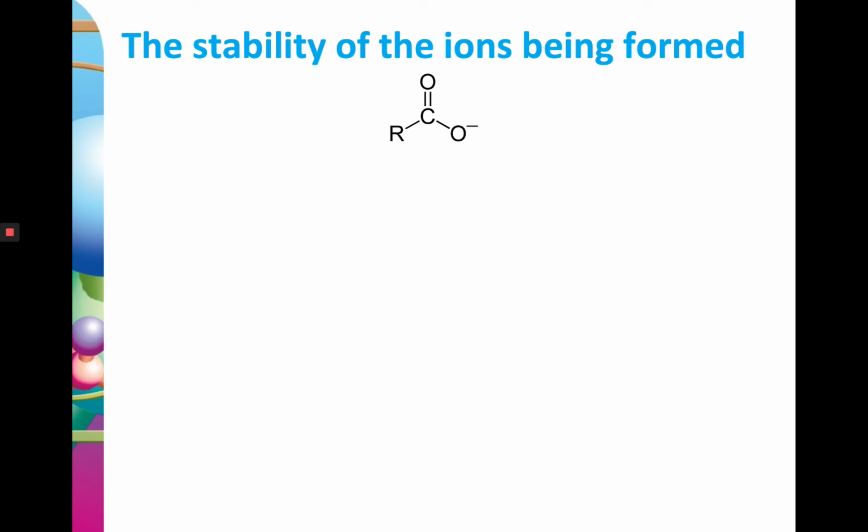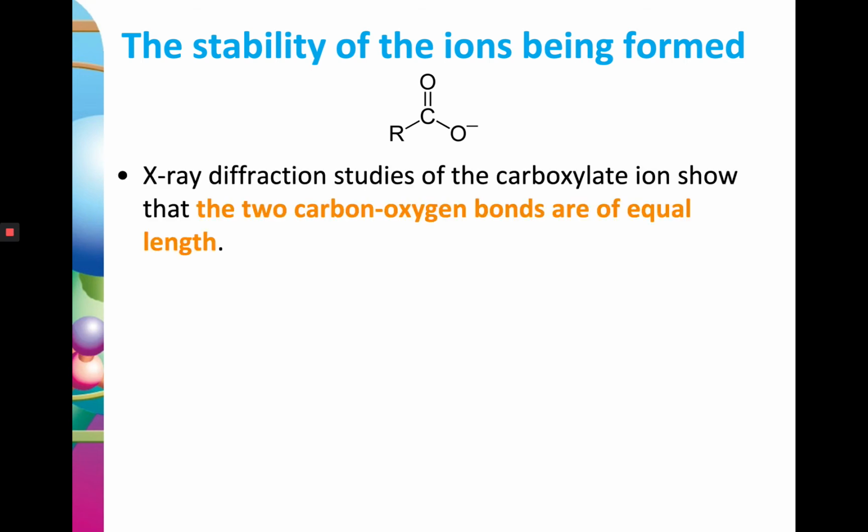But X-ray diffraction studies, where they actually look at the structures of molecules, have shown that the two carbon-oxygen bonds, what we think of as this and what we think of as this, are actually of equal length. So that's a bit of a surprise, right? That doesn't match the representation that we've got here. To say that those two carbon-oxygen bonds are of equal length does not match that representation.